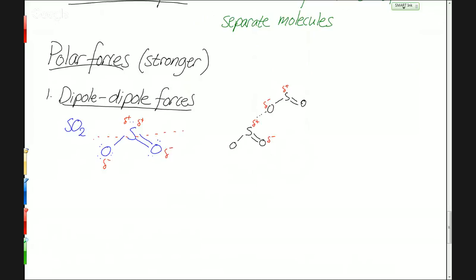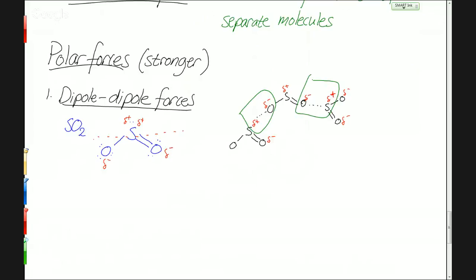And that can continue, that can propagate over many of these. Same kind of thing. So you have these kind of attractions going on there. And those are known as dipole-dipole forces. Now these are not as strong as bonds, not nearly as strong as bonds, but they exist to kind of hold these things together.